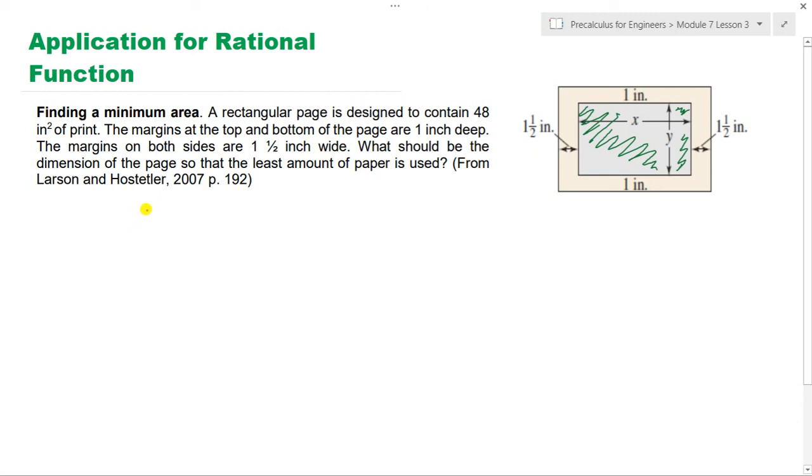Okay, so given, let's say the printable area is equals to 48 in square. Then the other given kay gisulat na sa figure. So required here is we're going to solve for the dimension of the printable area x and y.